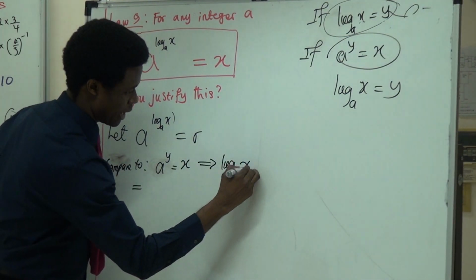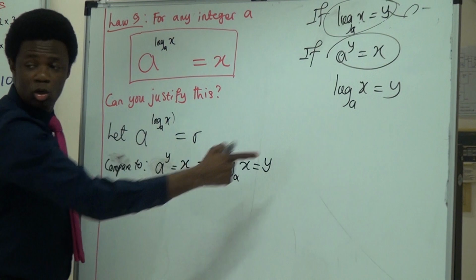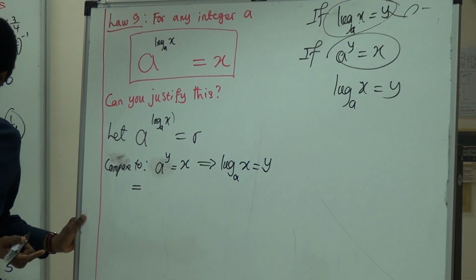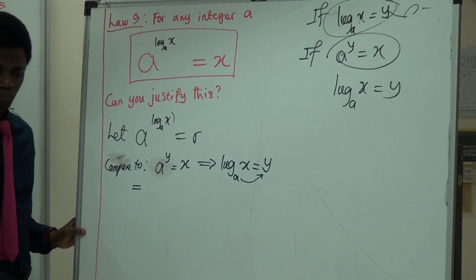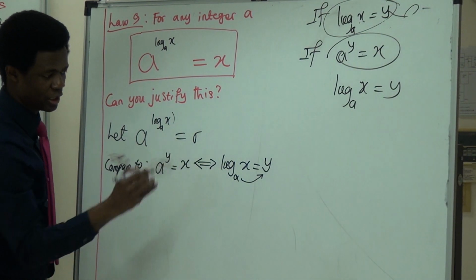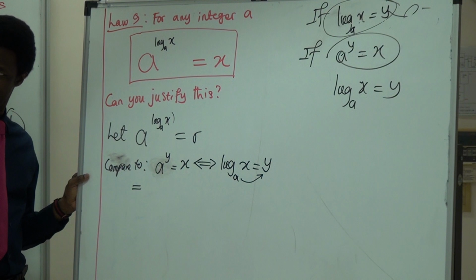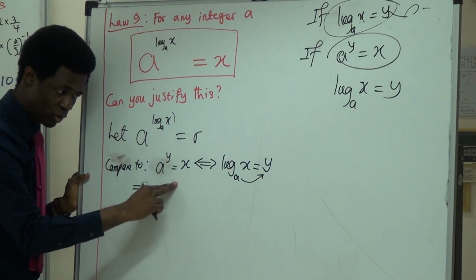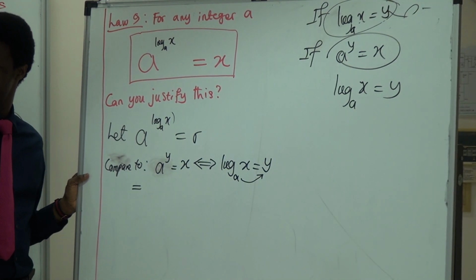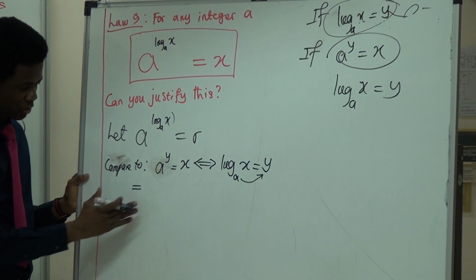Of the number x is equal to y. I'm just copying back law 6, because this is what I said: we take the power to the other side and it becomes this. So this is actually a biconditional statement. If this happens, this will happen. If this happens, this will happen. If and only if. Okay, we'll get to all those jargons later.